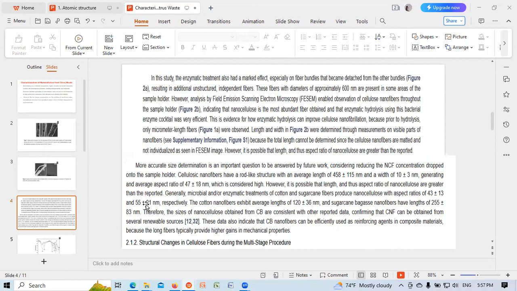However, generally, microbial and enzymatic treatment of cotton and sugarcane fibers produce nanocellulose with aspect ratios of 43 plus or minus 13 and 55 plus or minus 21 respectively. These cotton nanofibers exhibit average lengths of 120 plus or minus 36 nanometers, and sugarcane bagasse nanofibers have lengths of 255 plus or minus 83 nanometers.